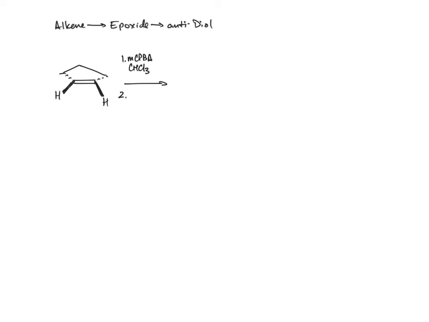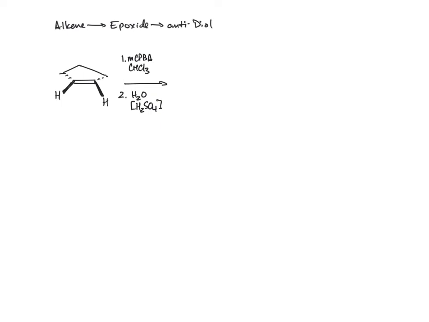And then in step 2, we're going to treat with water and a catalytic amount of sulfuric acid. And so let's draw the product of step 1, and then we'll look at how that is then reacted with the water and acidic medium.